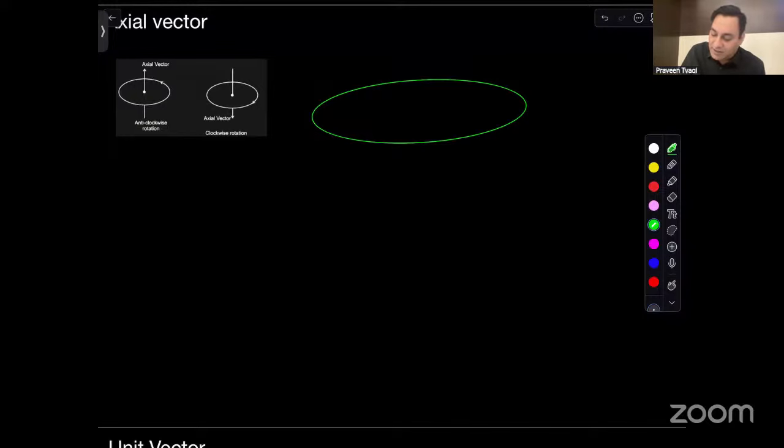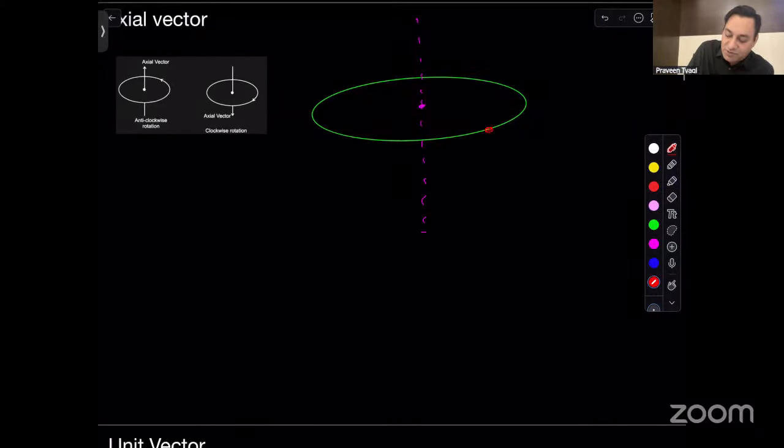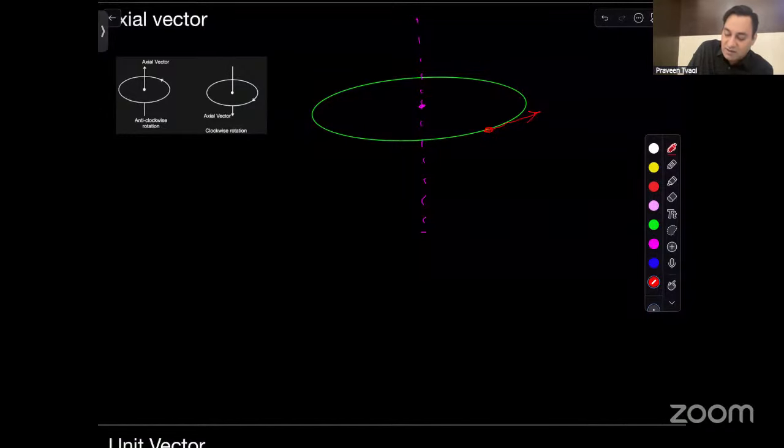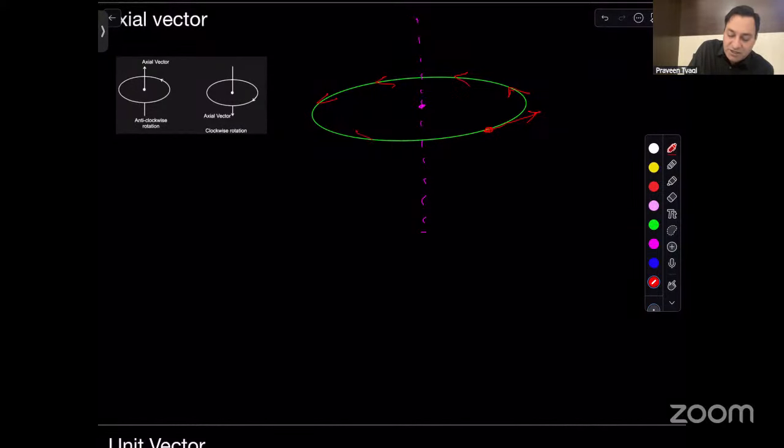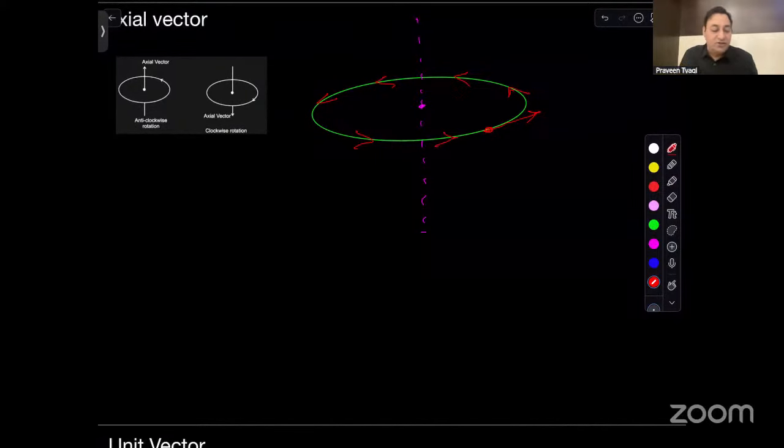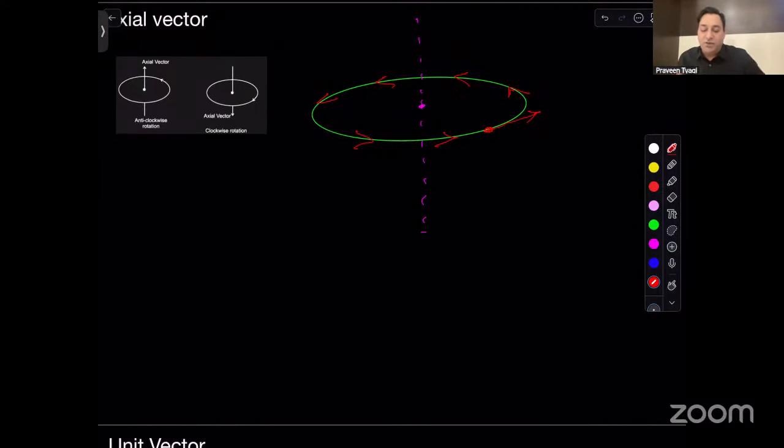If this is the axis of rotation and the point mass is going in the circle in this direction, what will be the direction of angular velocity? Such vectors are called axial vectors, where the body is rotating about an axis. So this point mass is undergoing a rotational motion about this axis.